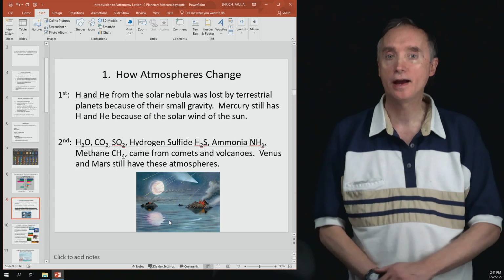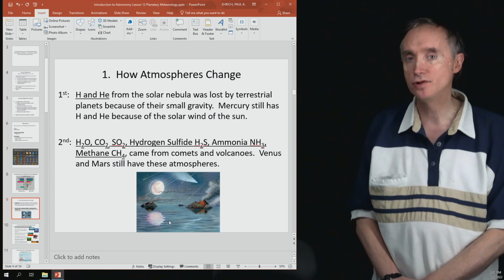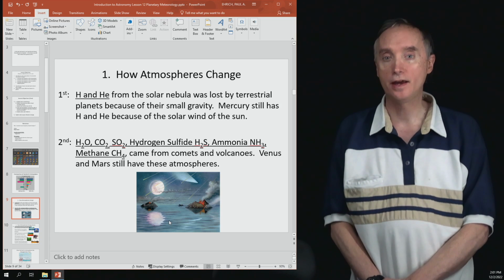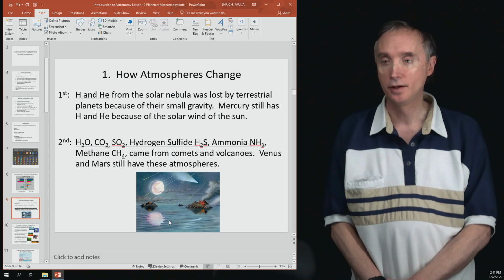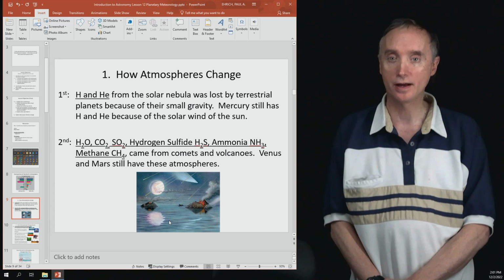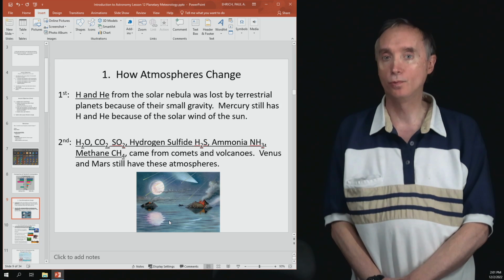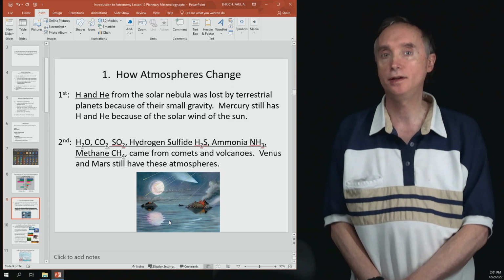let's talk about how an atmosphere changes. So the original atmosphere of a terrestrial planet is going to be composed of hydrogen and helium because those were the two main elements that were in the big gas cloud that became the solar system. So Earth's original atmosphere would have consisted of hydrogen and helium.